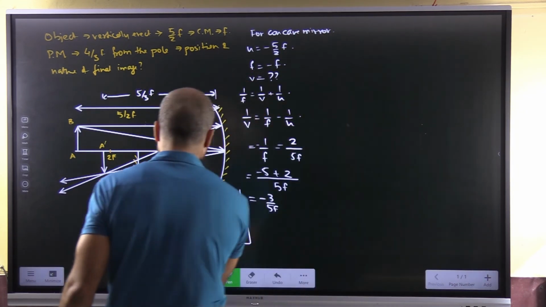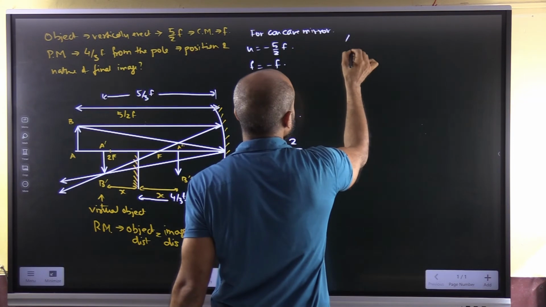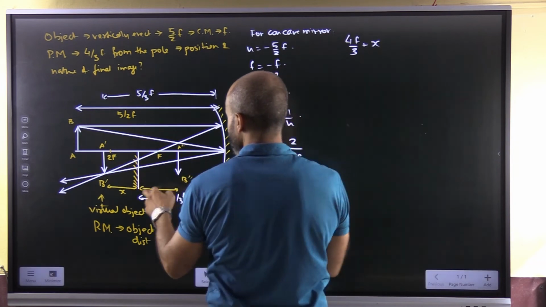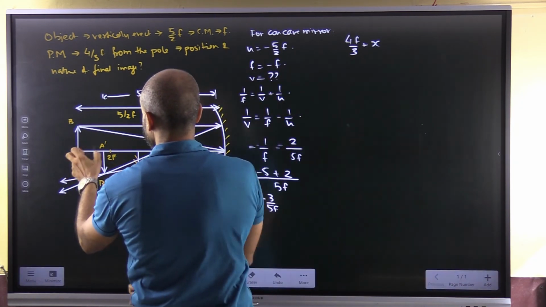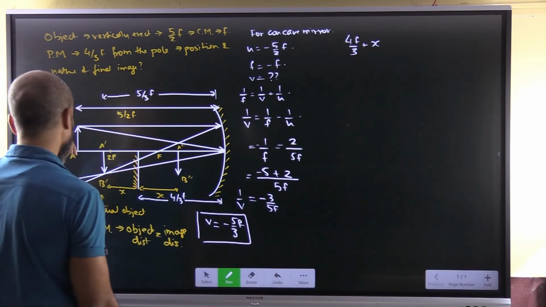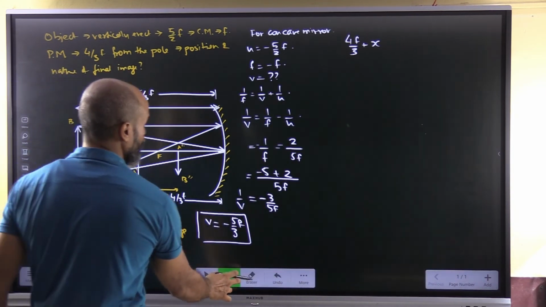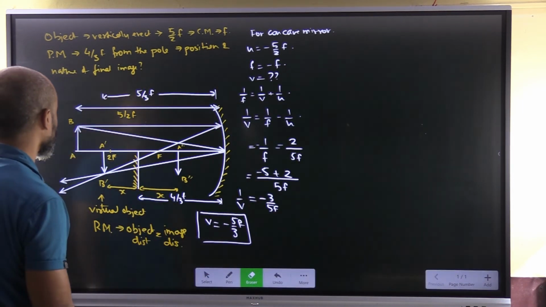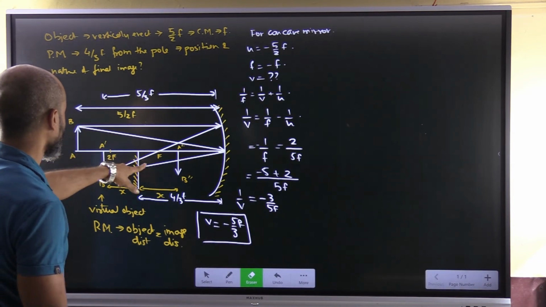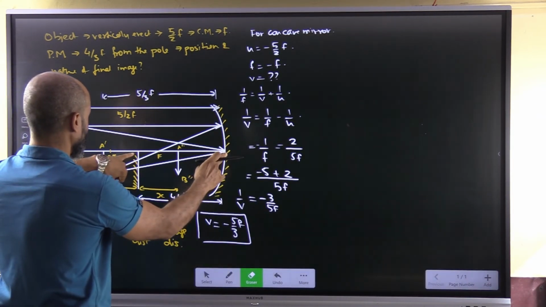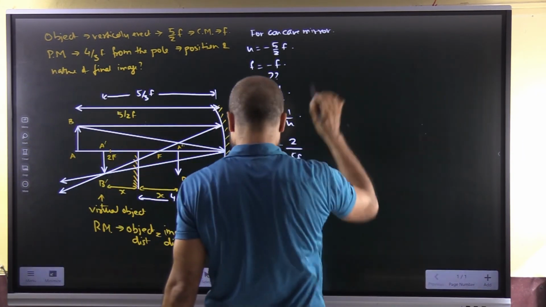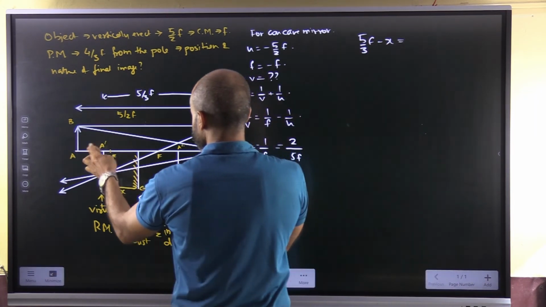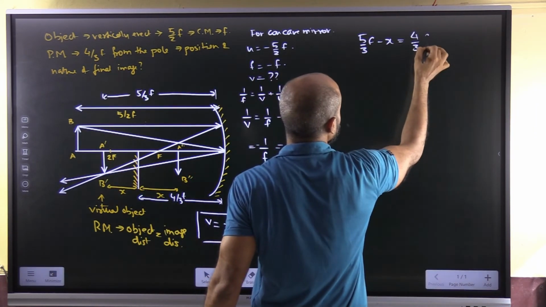Here we got 5/3f minus x is equal to 4/3f.